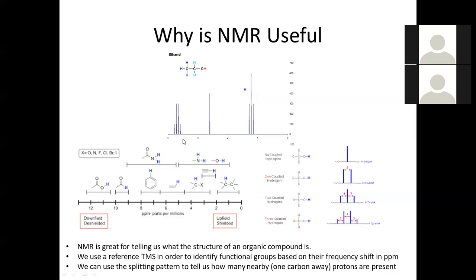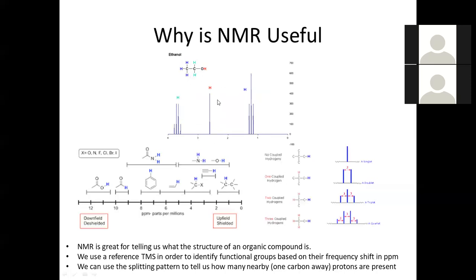And that's exactly what we see, right? And this is pretty common. If you have a triplet here, you should have a quartet matching it, right? There should be pairs of these splittings to show that these are nearby hydrogens, right? If this one gets split by this one, then the other one gets split by the other one. That's something that you should expect to see, right? So then we would assign this to be our CH2 hydrogens, right?